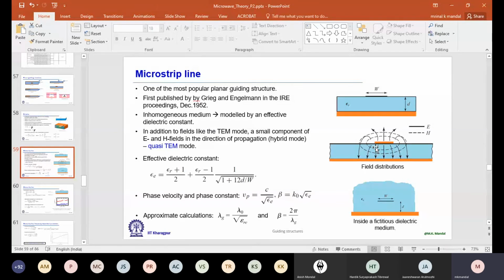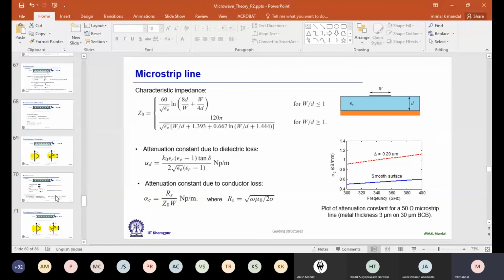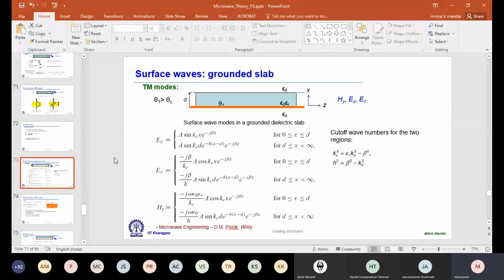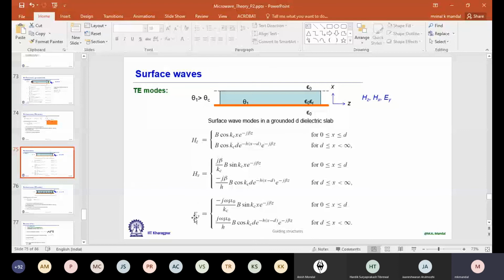Same concept here. We need to check all the surface wave modes. For the microstrip line, according to my coordinates, in the x direction we have mostly the field components. Now, which mode has this Ex component? If I go to the grounded slab, we see that the TM mode has an Ex component, right? Not the TE mode, whose field is in the y direction, which is perpendicular.